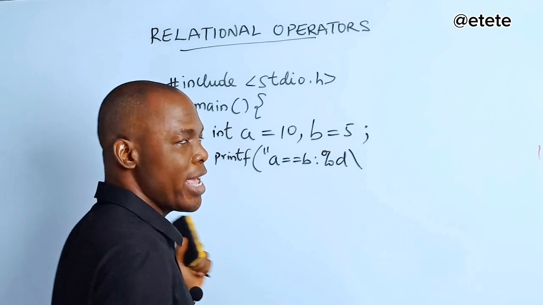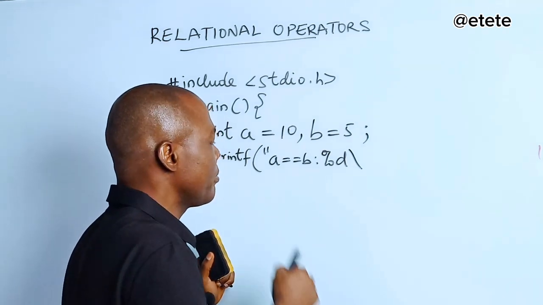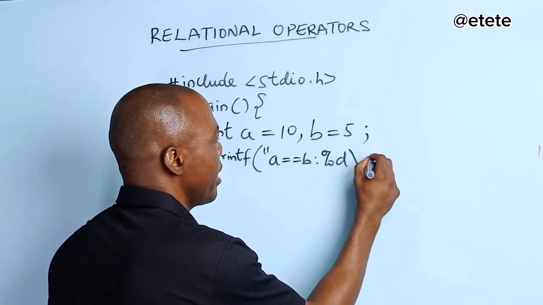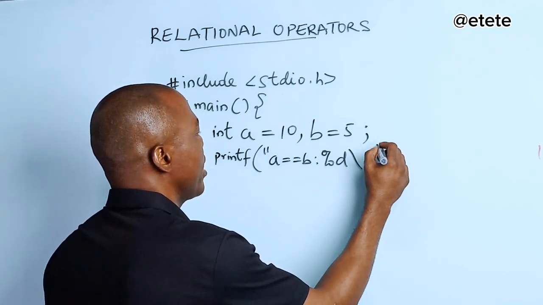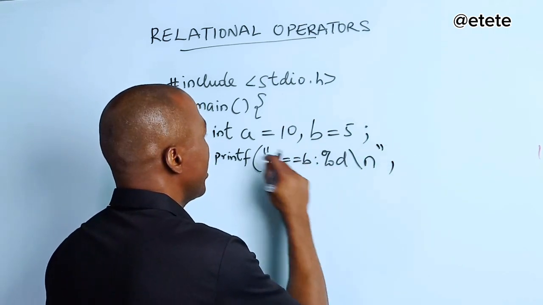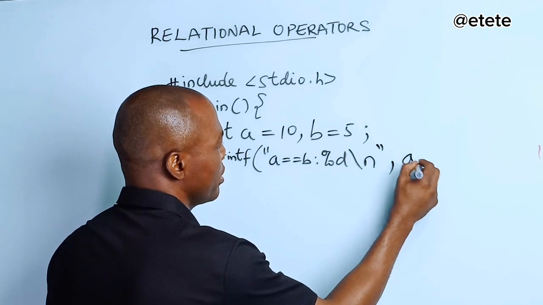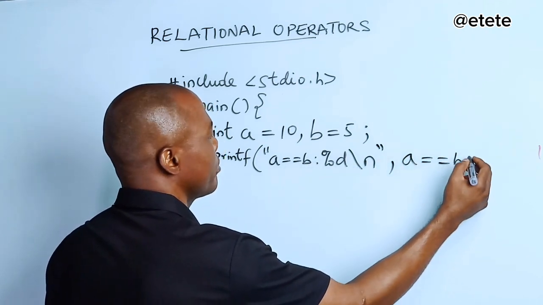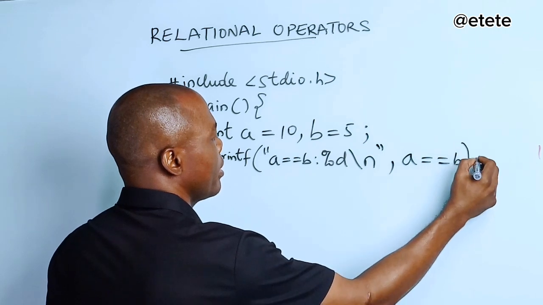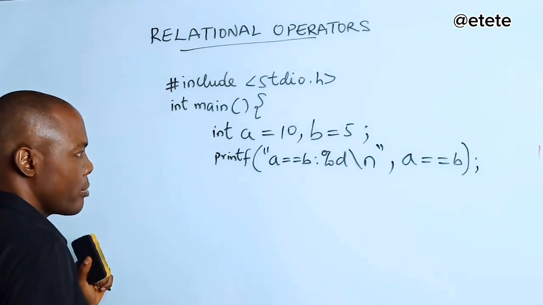Then I'll bring in my escape sequence \n, because I want the next one to come into the next line. So I will close this, and then I will declare my value, which is a equals to b. Then I will close this.